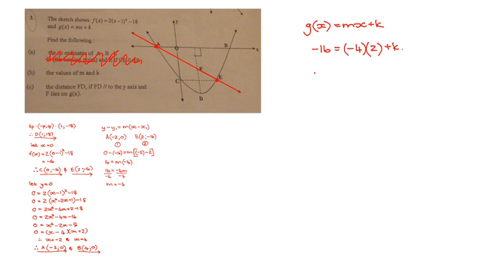Great, so we have negative 16 on the left-hand side and negative 8 plus k on the right-hand side. Simplifying the whole madness, we have negative 8 is equal to k. Awesome! We're nearly there. We pretty much just have to state it now. So we can say, therefore, g of x is equal to negative 4x minus 8.